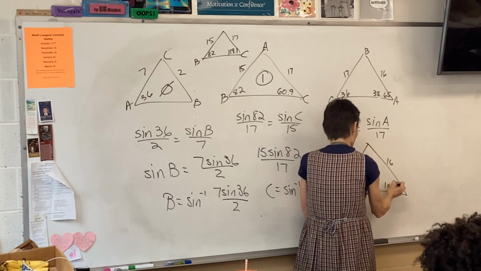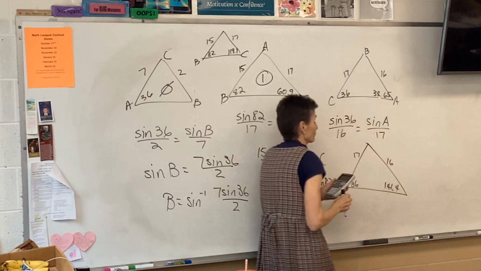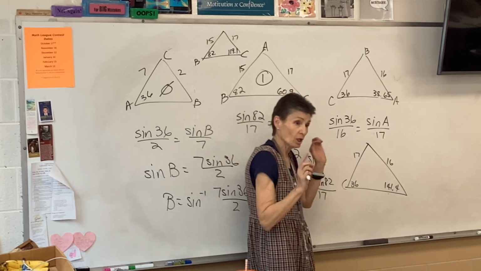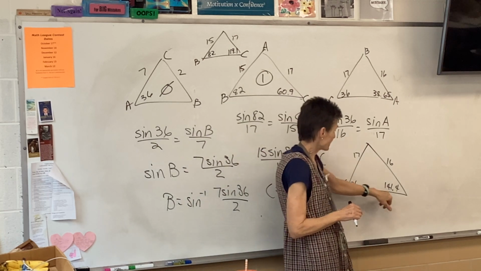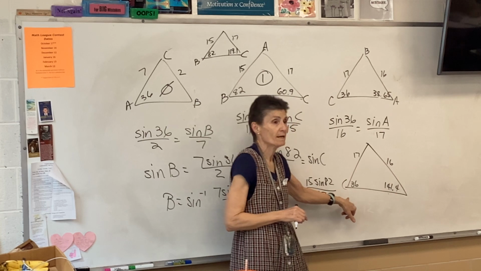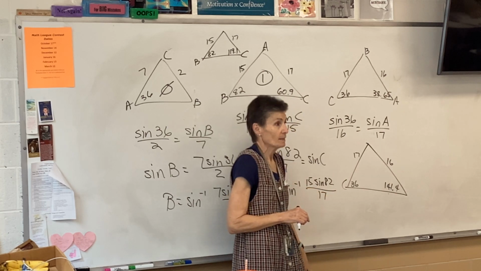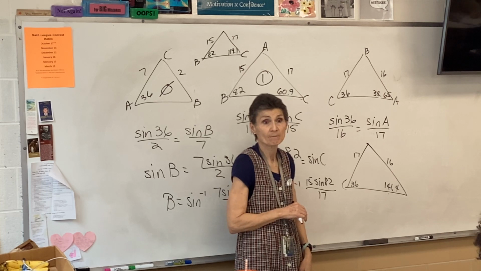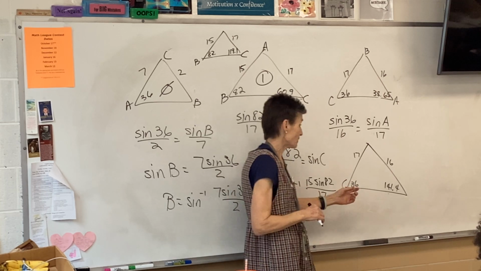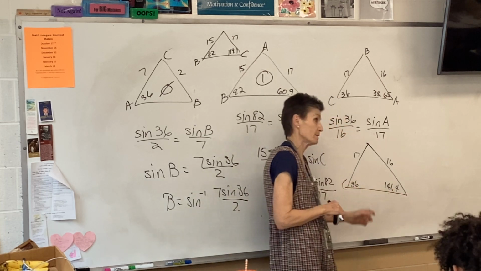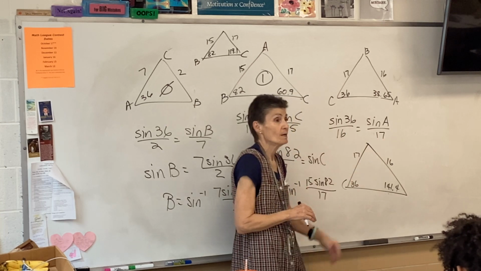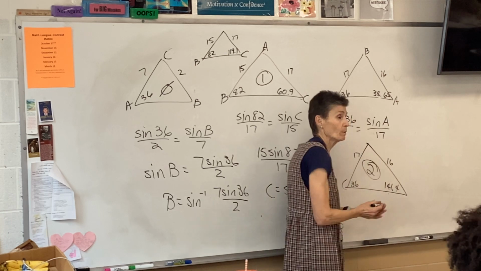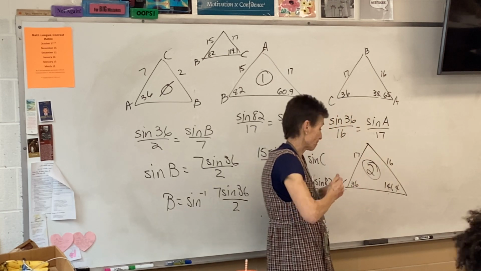So that's 141.4. Now, it's close, but is it possible to have a 141 and a 36? Yeah, it's possible, because what's the key? It has to be less than 180. So even if they seem way out of whack with each other, it's possible. So how many triangles are possible? 2 for that one. Okay.